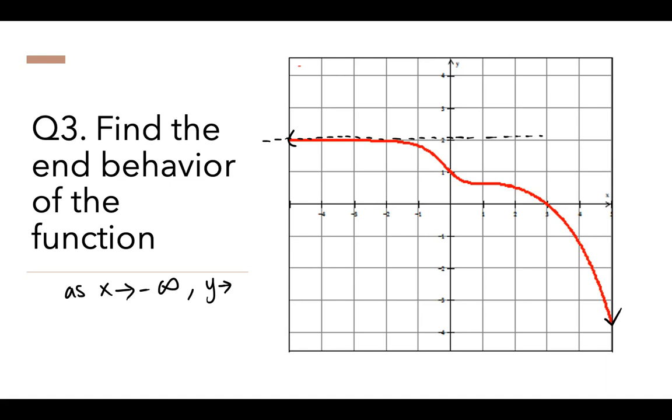So there is an asymptote. So y is approaching 2. And then as x approaches positive infinity, y is going to keep going down. So y approaches negative infinity.